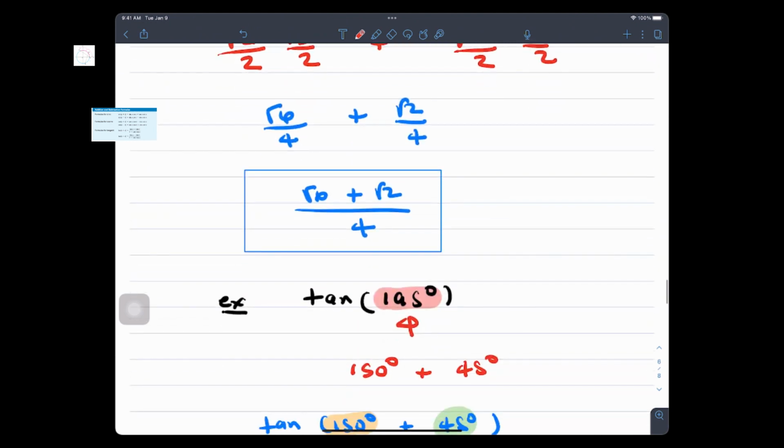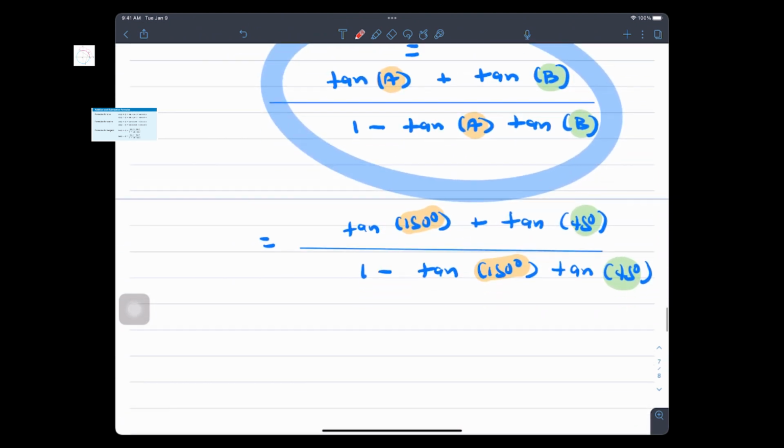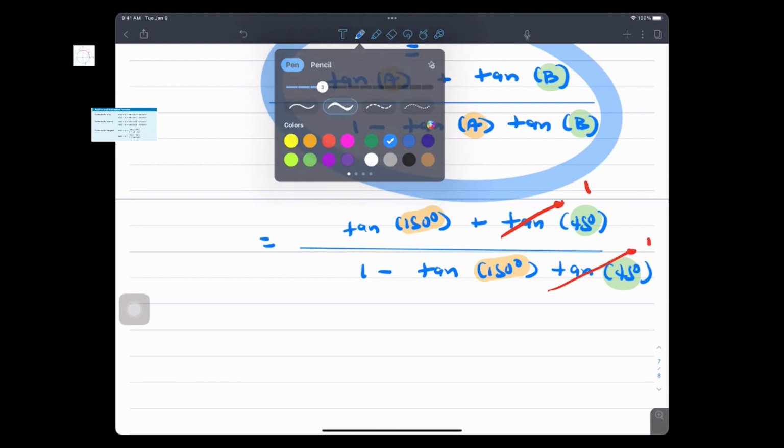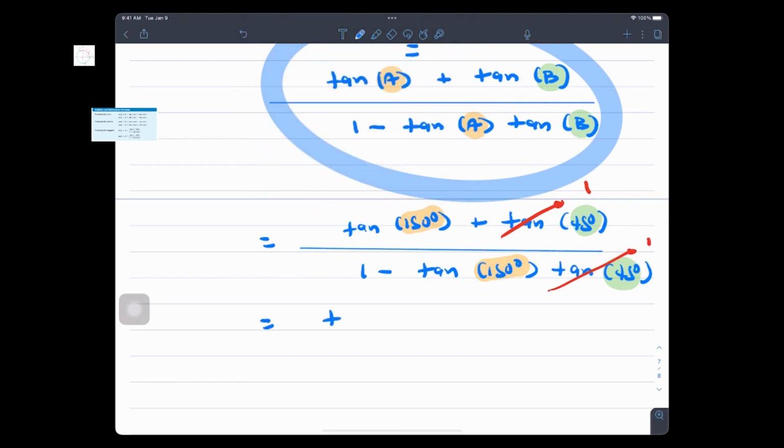So this is just 1. What does this equal then? Tangent of 150 plus 1 over 1 minus tangent of 150.